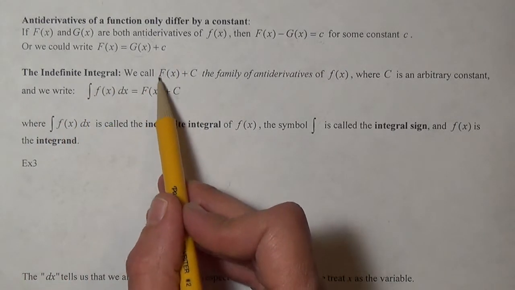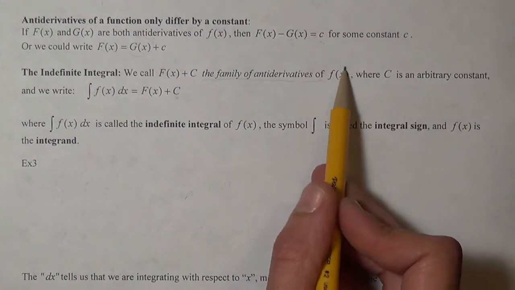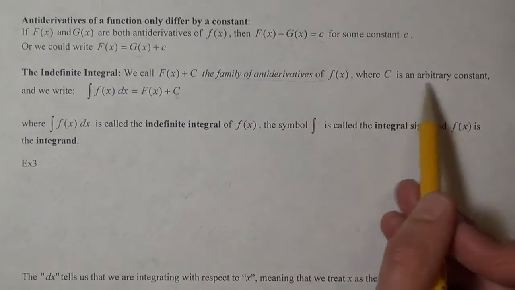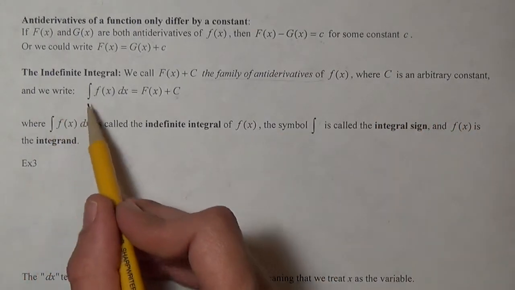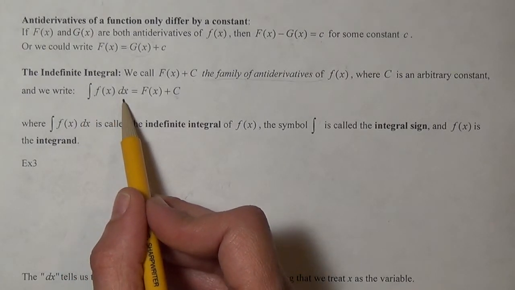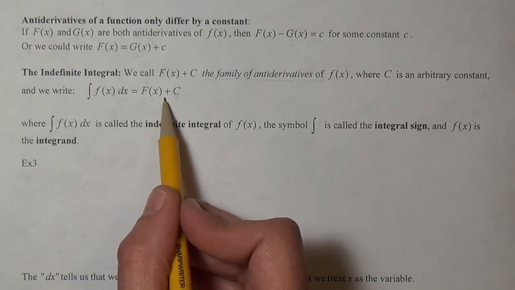So we call capital F of x plus c the family of antiderivatives of little f of x, where c represents an arbitrary constant or all possible constants. And we write the indefinite integral of little f of x with respect to x equals capital F of x plus c.